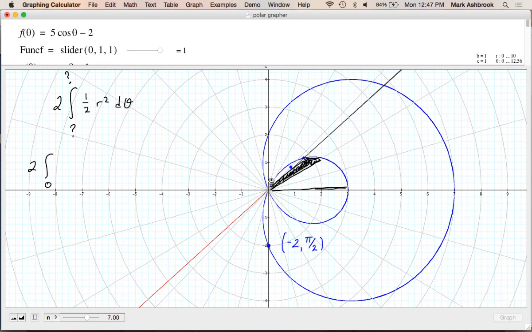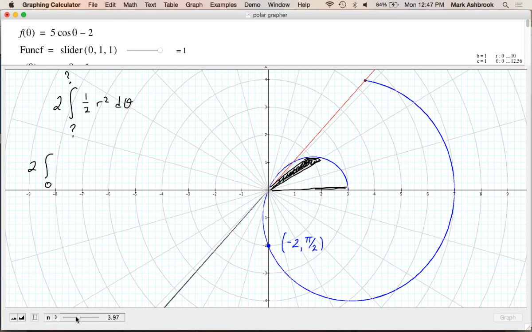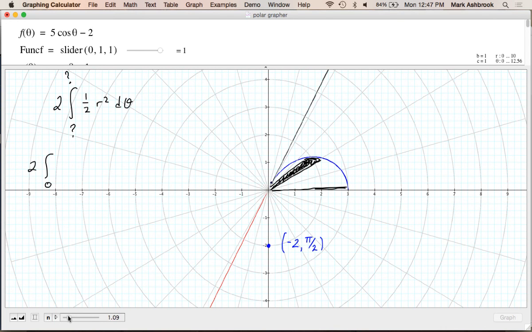So we need to figure out what angle. Remember we said there's some angle between 0 and pi over 2 where it crosses through 0. So we need to find out what that is.